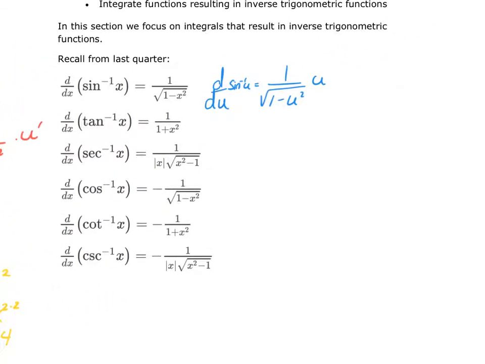If we look at our derivatives, which hopefully you all learned last quarter. If you were in my class, you would have learned it. If you were in a different class, you may not have learned these. So here they are. And when we're doing the derivatives of these inverses, notice that I don't see sine or cosine in the derivatives.